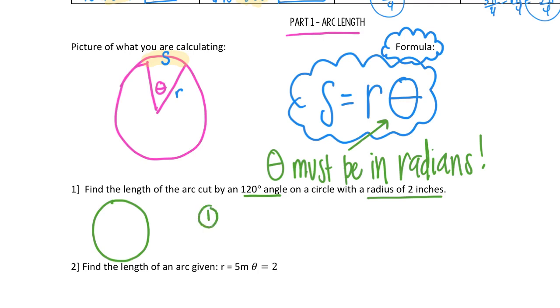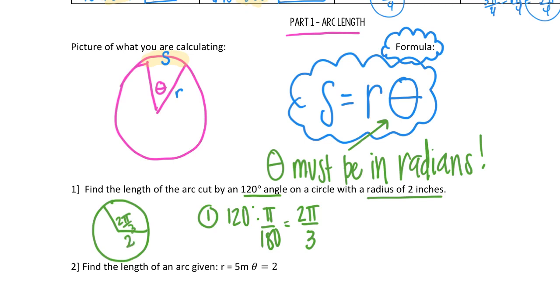So we're first going to take theta, that angle, and turn it into radians by multiplying by pi over 180. Simplify 120 over 180, and you get 2 pi over 3.